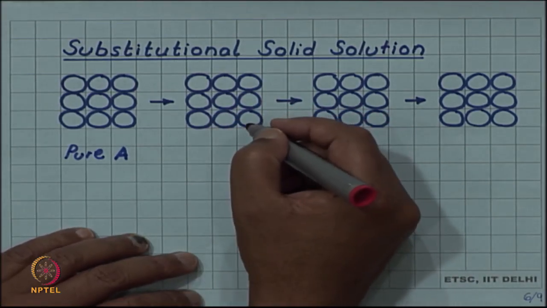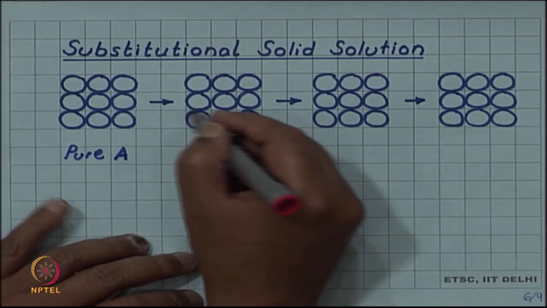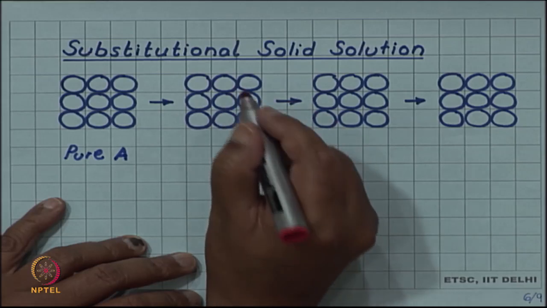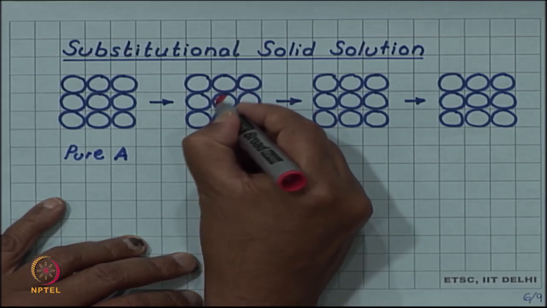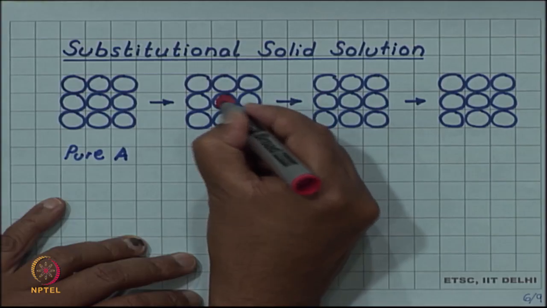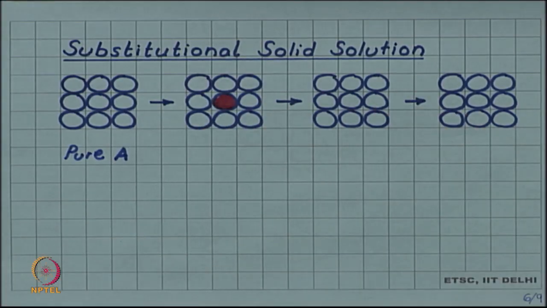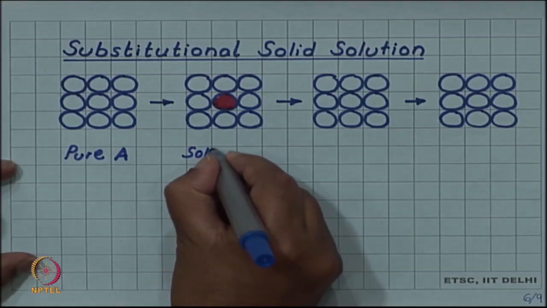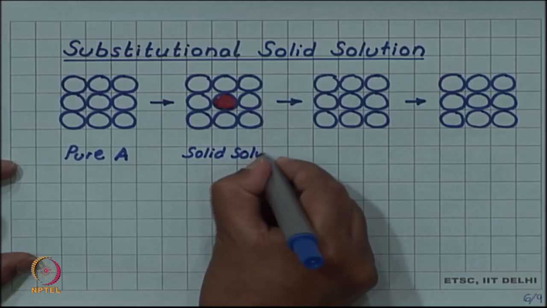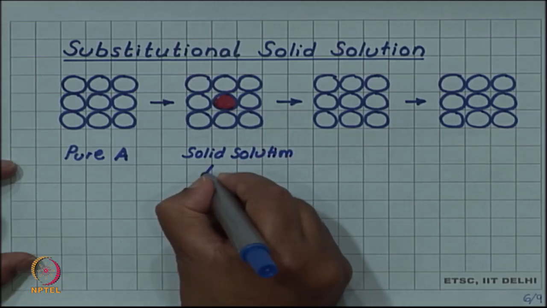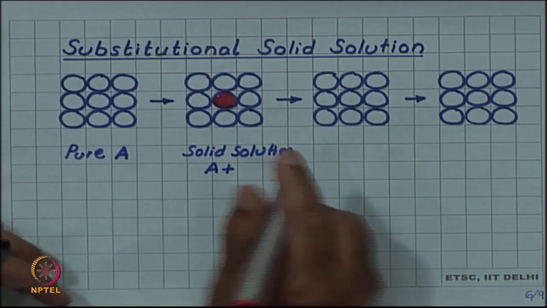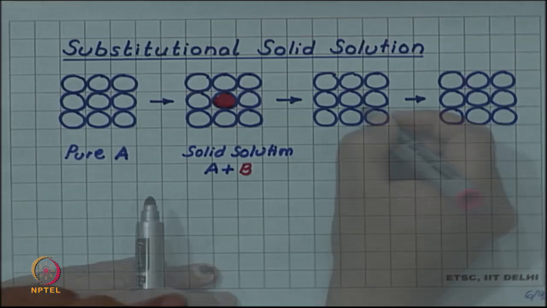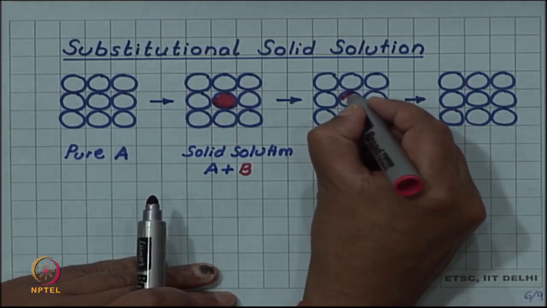Now, I am not putting the next atom in the void, I am substituting some of A by B. So, let me substitute this central A by B. So, I have got a solid solution A plus B, and I can increase the amount of solute by substituting more.